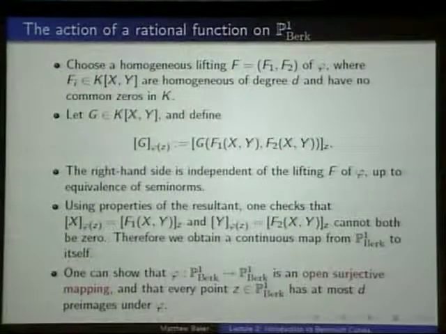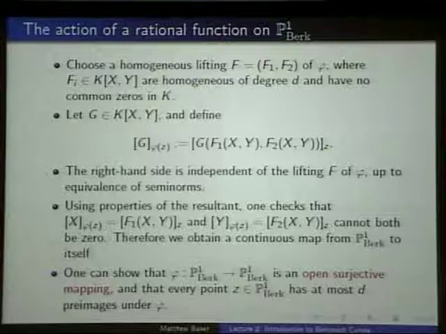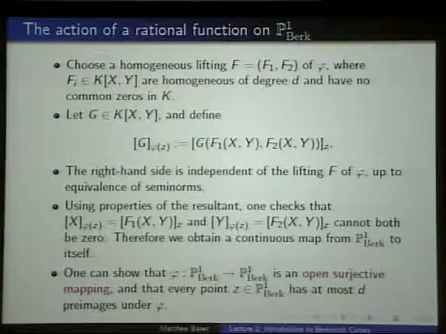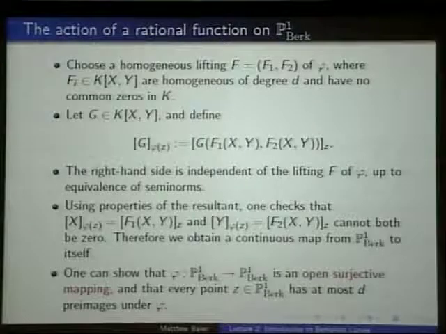So for example, this map on Berkovich space is an open surjective mapping, and every point z has at most d pre-images, where d is the degree of the map. So on the level of topological spaces, it really behaves a lot like the analog for the Riemann sphere.